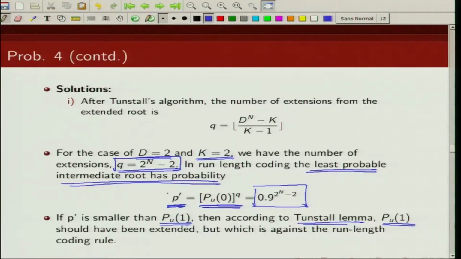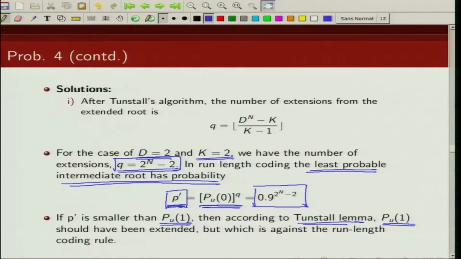If this intermediate probability p dash becomes less than the probability of u being 1, then according to Tunstall message set construction, we should have extended P of U equal to 1.